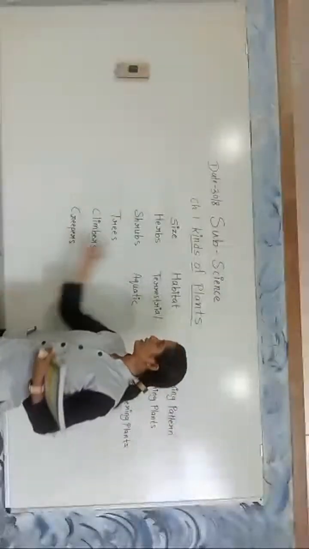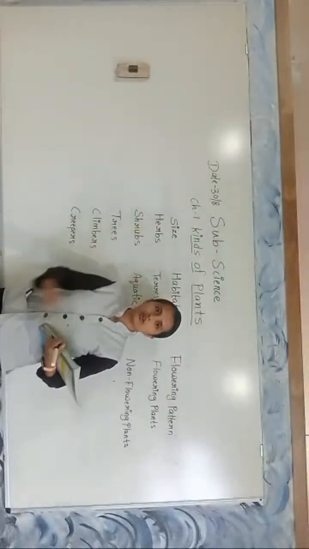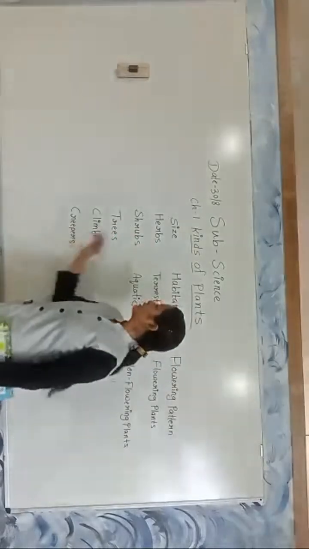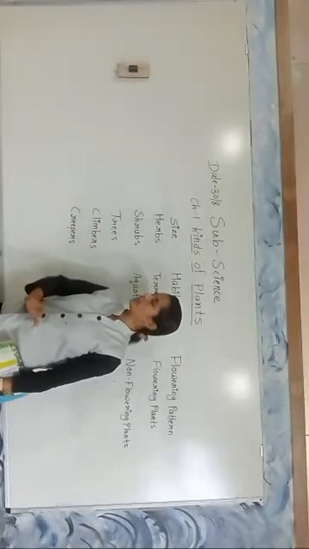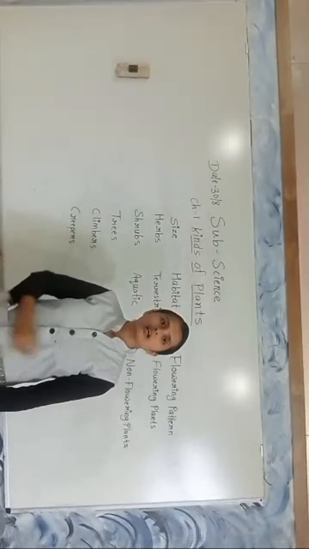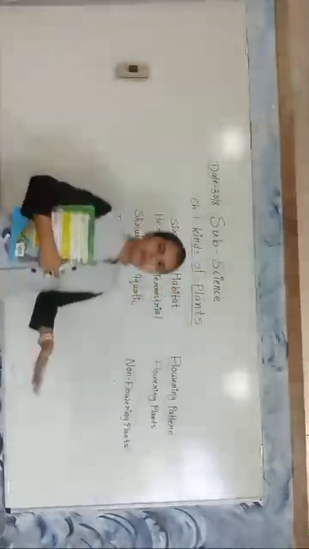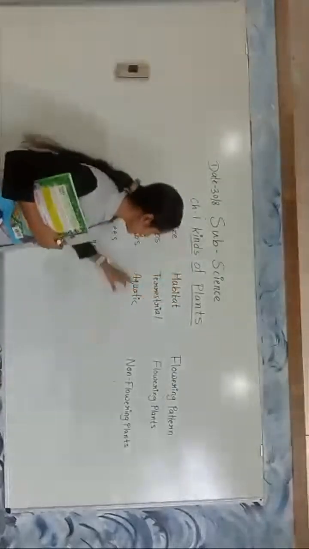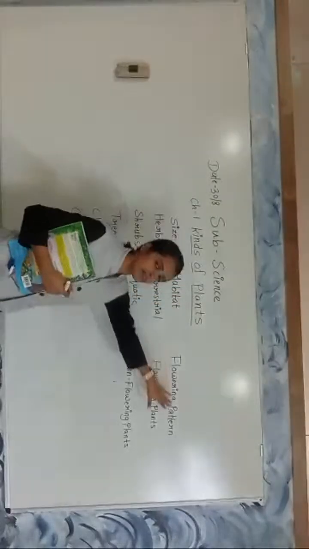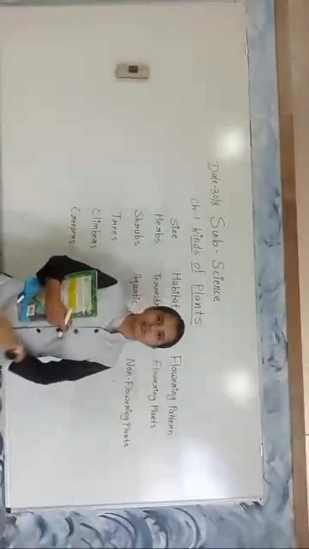We will revise again that examples of herbs are coriander, mint; shrubs, rose and hibiscus; trees, coconut tree, banyan tree; climbers, grapevine and money plant; creepers, watermelon and pumpkin. In terrestrial plants, paddy, wheat, sugarcane, etc. Aquatic plants, water lily, lotus. In flowering pattern, flowering plants, jasmine; non-flowering plants, fern.